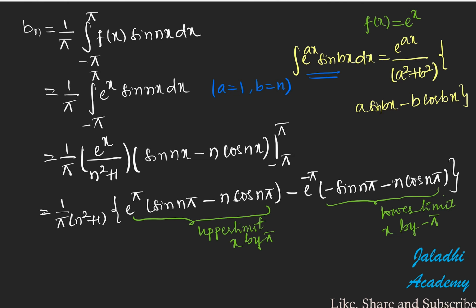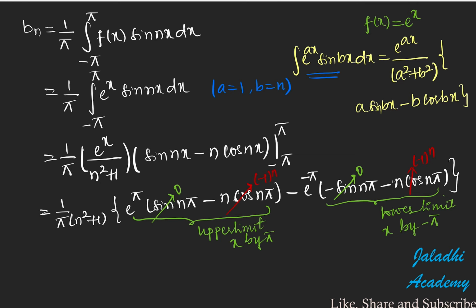Further, we know that sin n pi value is 0, and cos n pi value is (-1)^n, so this value will also go to (-1)^n.